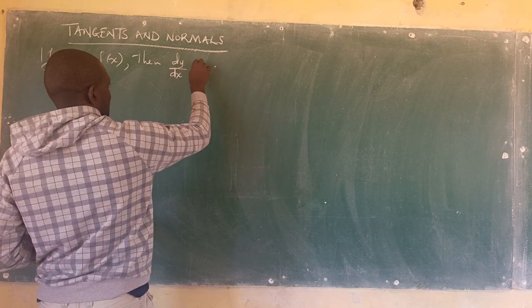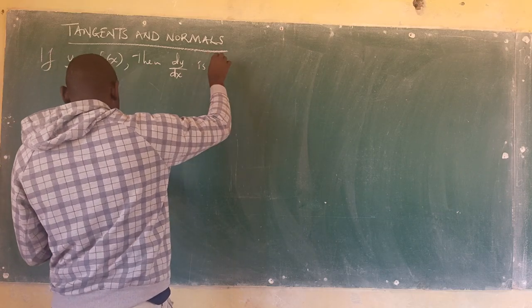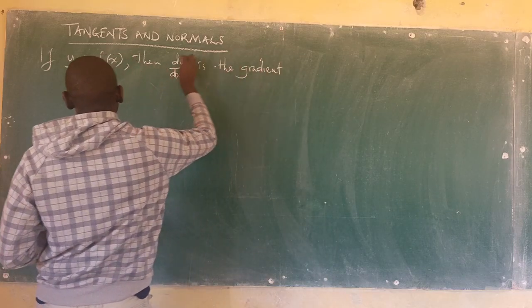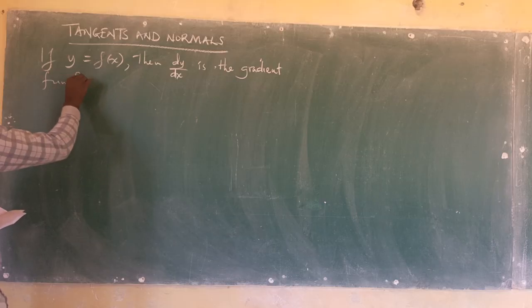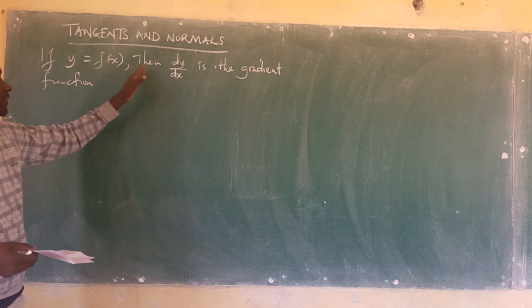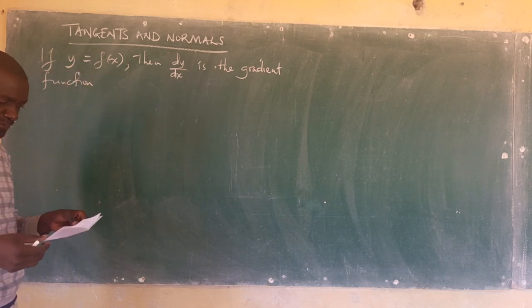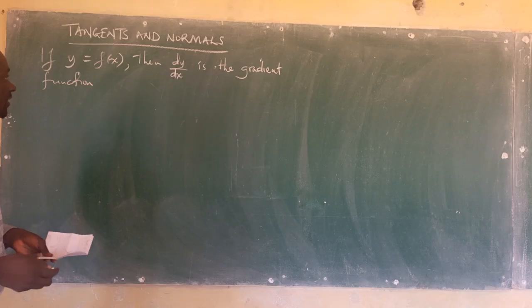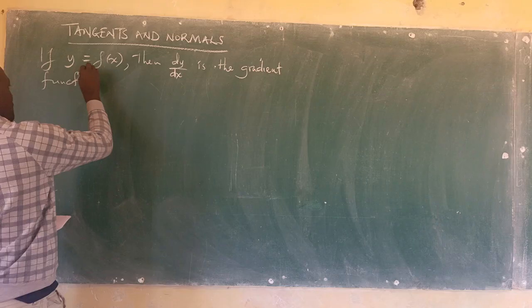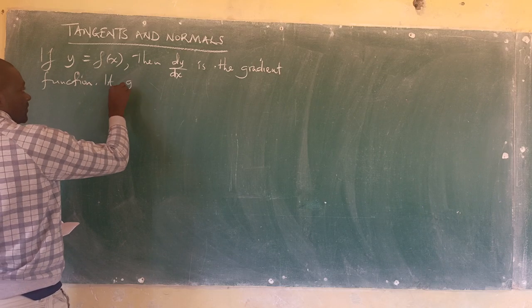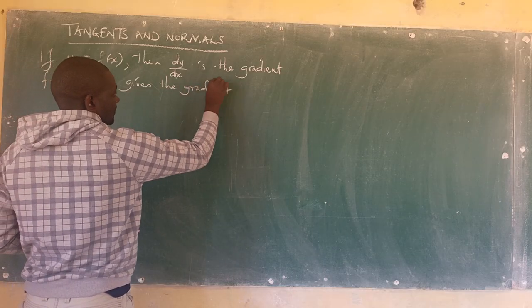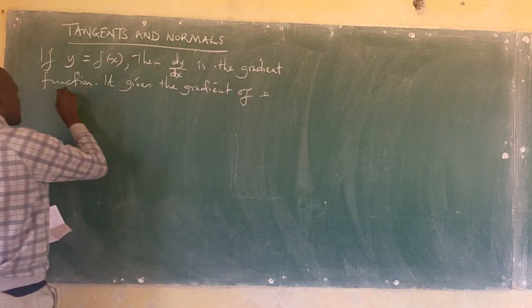So dy dx is the gradient function of this curve, y is equal to f of x. And so this gives us the gradient of a tangent at any particular point.